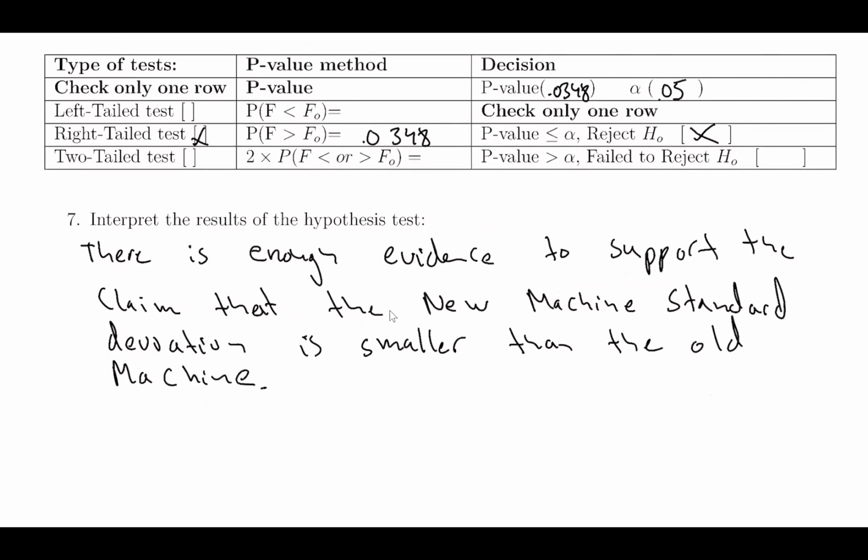So we'll put: there is enough evidence to support the claim that the new machine standard deviation is smaller than the old machine.